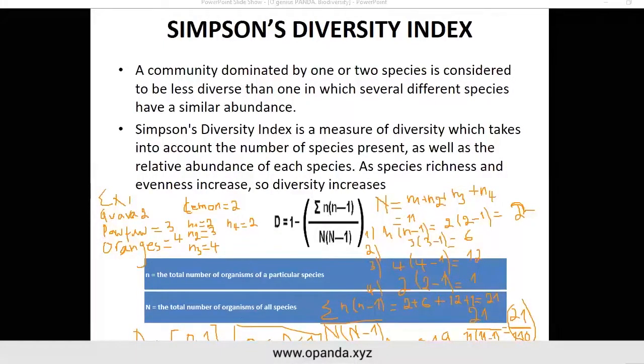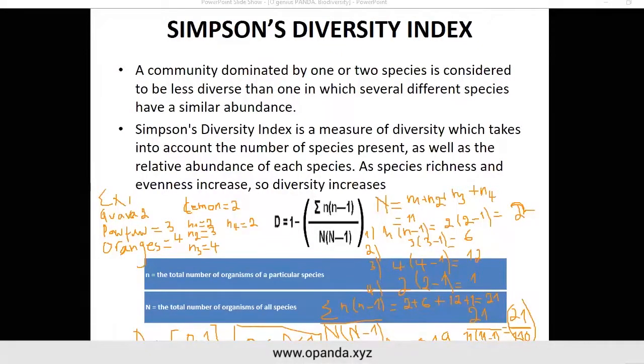Never is the Simpson's diversity index beyond 1 or below 0. It is always between 0 and 1. Now we are going to understand the implication of this. So looking at the formula, I think you immediately now get what it means. Numerator, the smaller n's, you understand them. When they are summed up over the bigger N, N minus 1. Any problem?